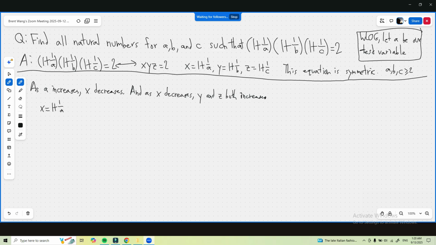Now, here's the thing. As z increases, the value of c decreases. Do you guys see why? Because z is equal to 1 plus 1 over c, and yeah, c has to decrease in order for z to increase.